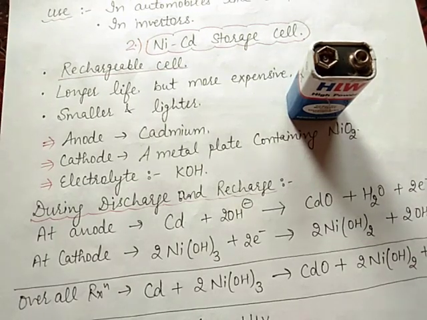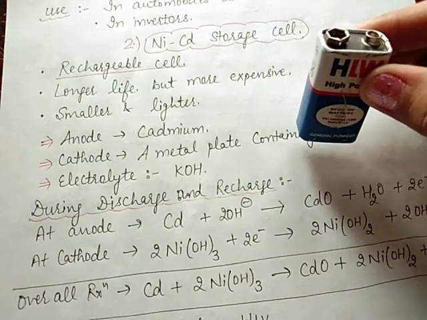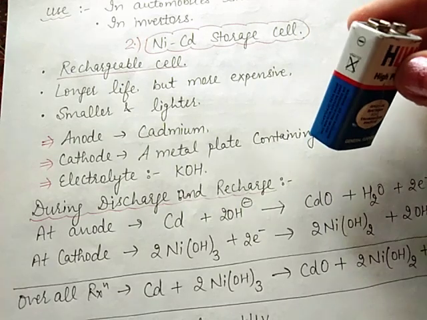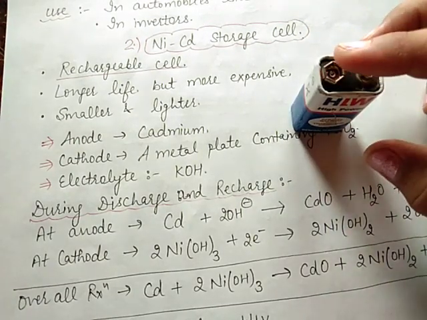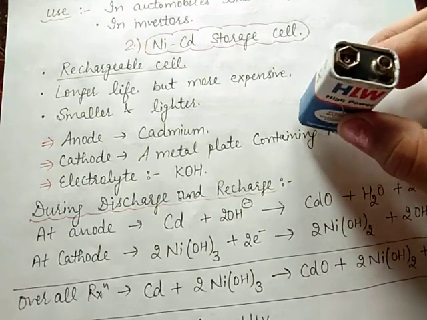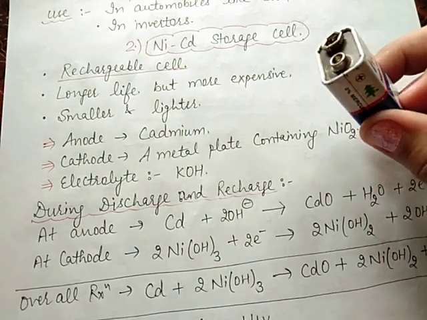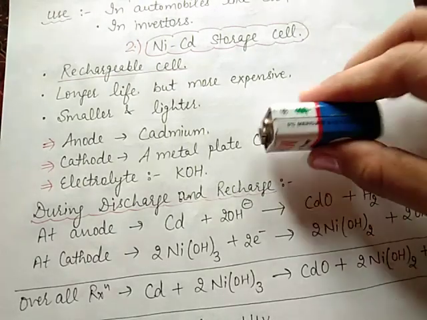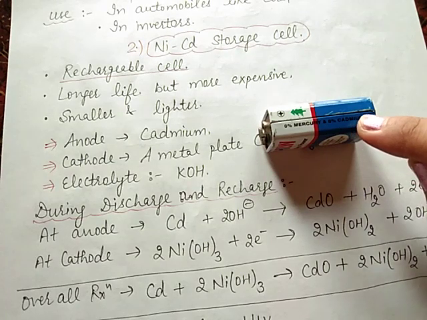This is the nickel cadmium storage battery, like this. One is the anode, another is the cathode. The same electric current is passed, and the reaction takes place at the anode and cathode. And here write 0% mercury and 0% cadmium.